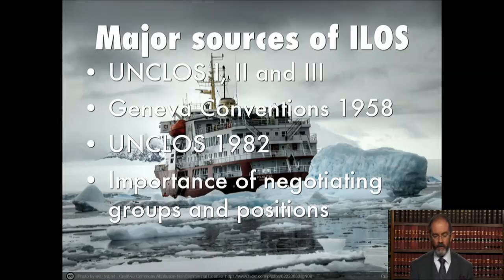Now this obviously has the potential to be confusing because now we tend to refer to the UN Convention on the Law of the Sea as UNCLOS. So I'll try and refer consistently to the treaty that we're most concerned with as UNCLOS 1982, the year it was concluded, but we need to note that UNCLOS 1, 2 and 3 can refer to this sequence of negotiations.